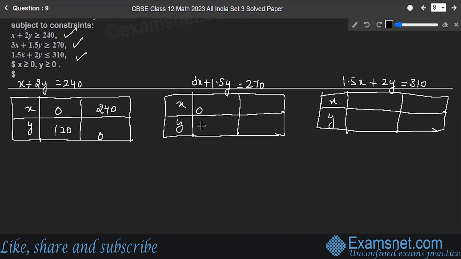In this case, when x is equal to 0, y is equal to 180, and when y is equal to 0, x becomes 90. Here, x is 0, y will be 155, and when y is equal to 0, x will be equal to 206.7.